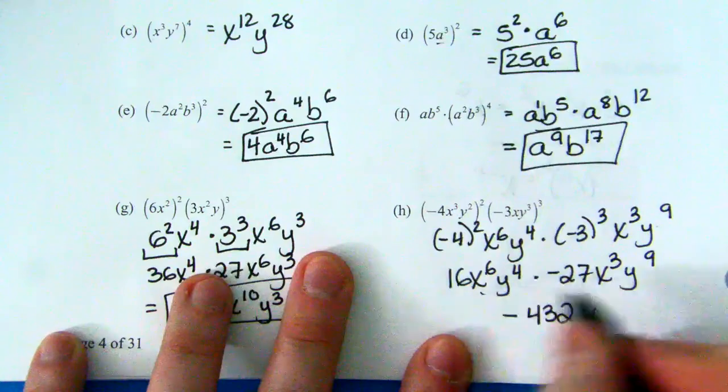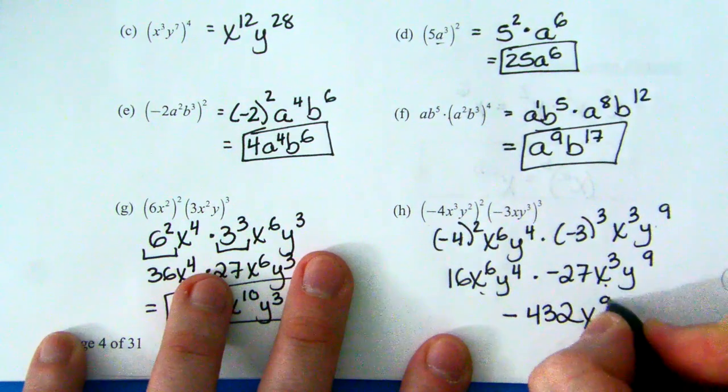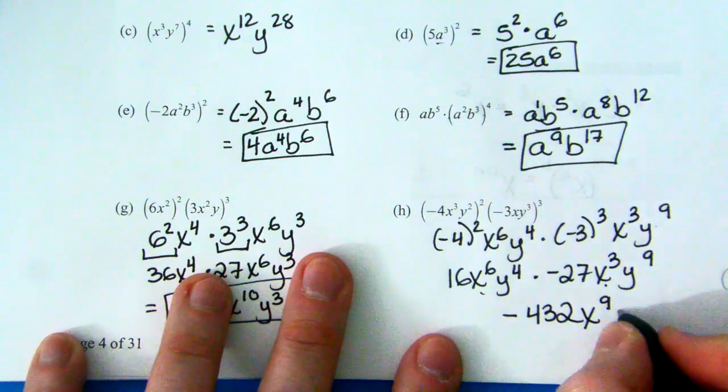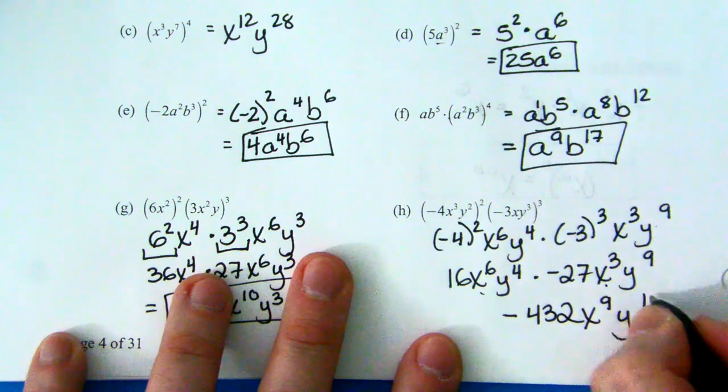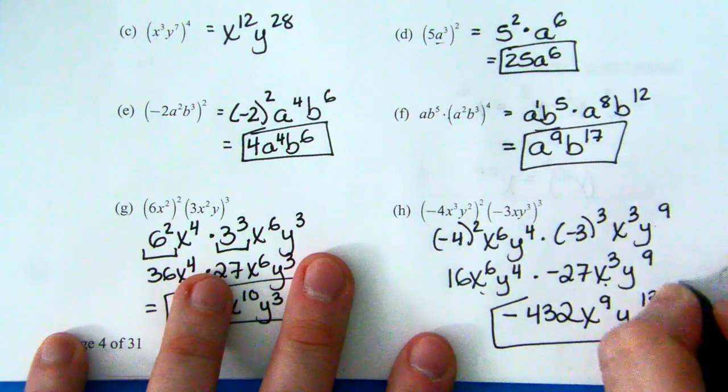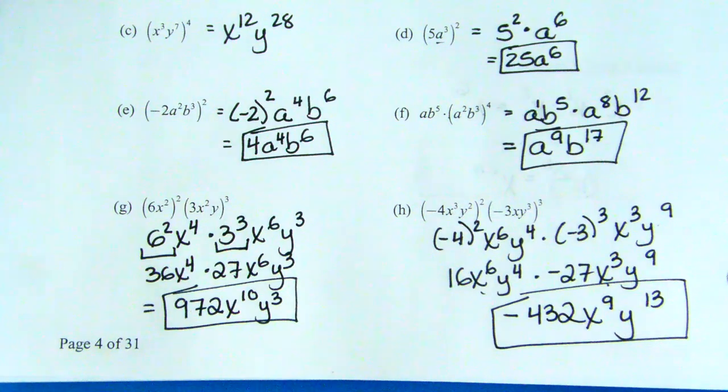X to the, okay, add those powers on the x, so 6 plus 3 gives me 9. Y to the 4 plus 9 gives me 13. -432, x to the 9th, y to the 13th.